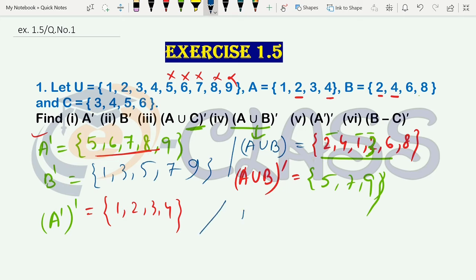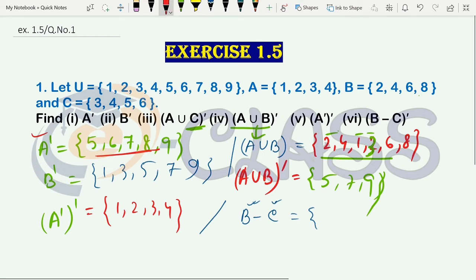Now the last one is B minus C complement. So just calculate B minus C first. We have to write the elements of B which do not belong to C. For this, just ignore the common elements between B and C, and write the remaining elements of B. Is there any common element between B and C?